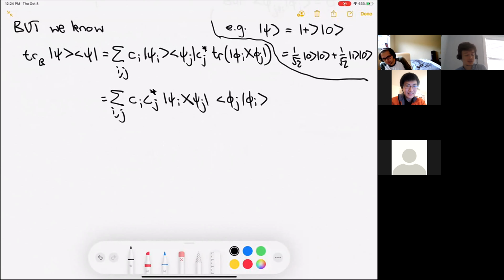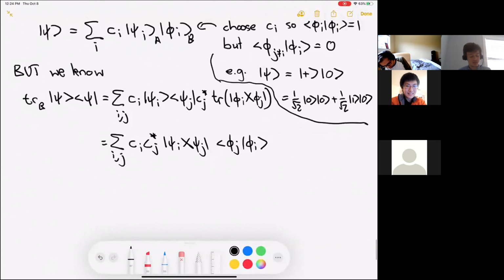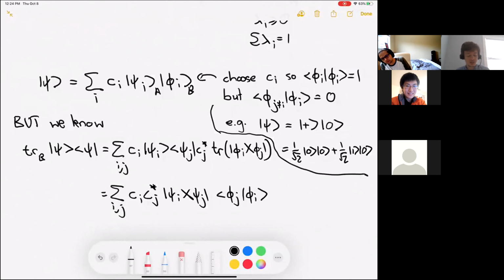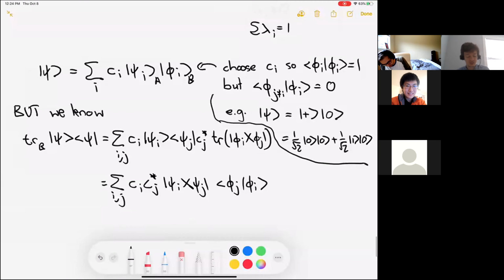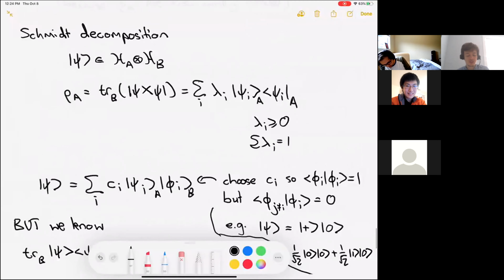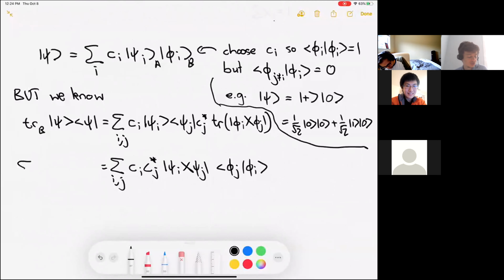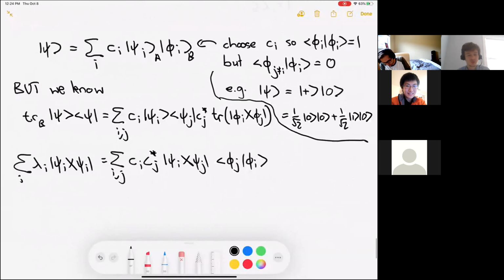But this trace over B of |psi><psi|, we know is equal to just a sum over i of lambda_i |psi_i><psi_i|. And the psi_i, by construction, because they are the eigenbasis of rho A, form an orthonormal basis.